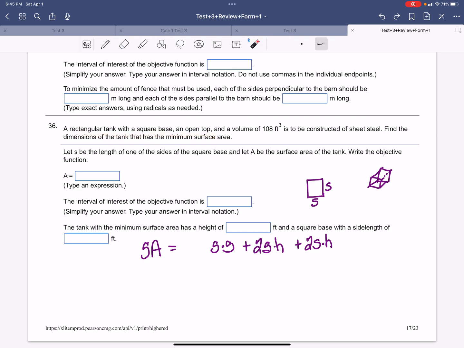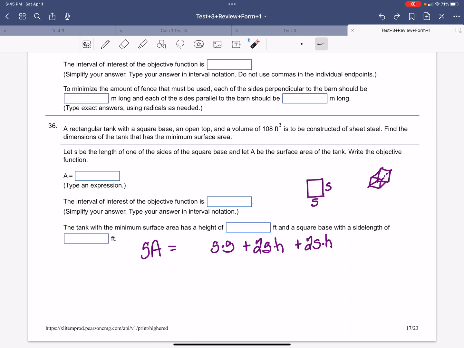You can think about a fish tank. A fish tank has 5 sides, it doesn't have a glass on the top. This is a fish tank where the bottom is square and then it's some height. Okay, so this is the expression that we are going to use for the surface area.